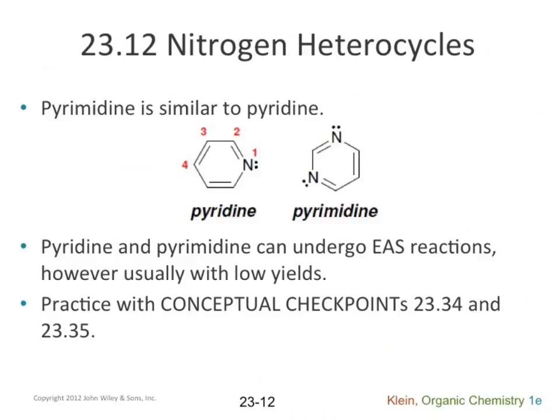You're also going to be looking at it acting under EAS reactions. Why might we see lower yields with EAS reactions? Is there any other chemistry that could occur? Because there's more than one nitrogen. Both pyridine and pyrimidine are going to run into the same issue of slow reactions with EAS. You're right, the presence of the nitrogen is affecting the reaction.